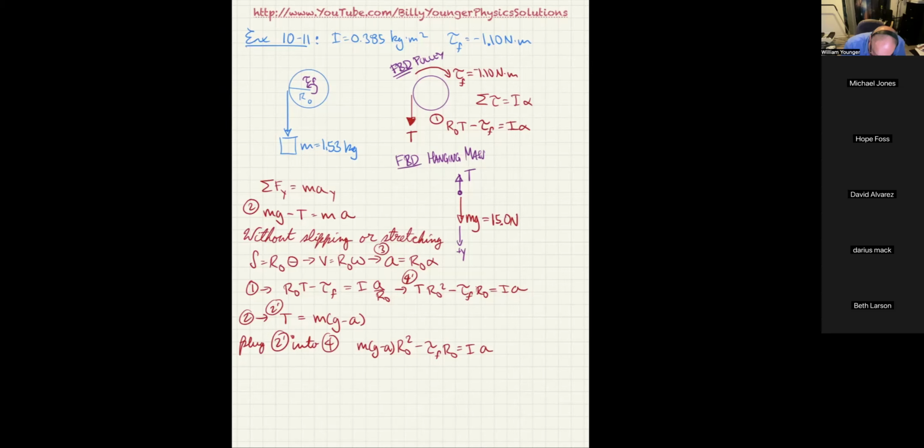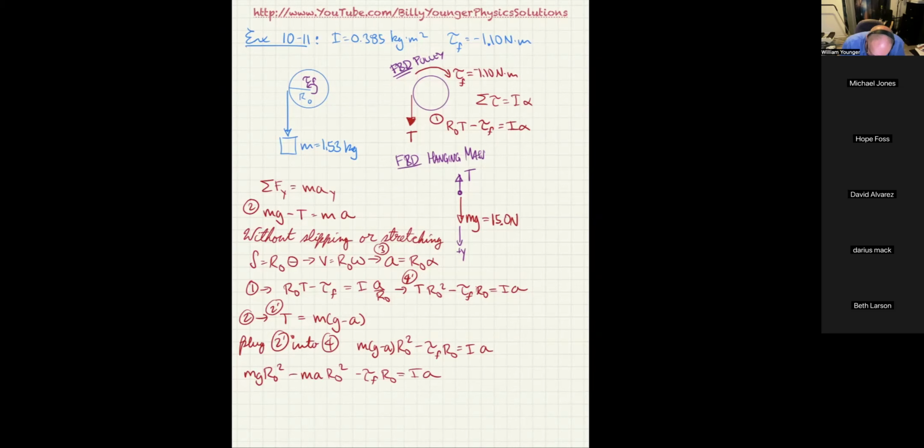So if I distribute this, I get mg r0 squared minus ma r0 squared minus torque F r0 is equal to I times A. I would like to get the A's on both sides.